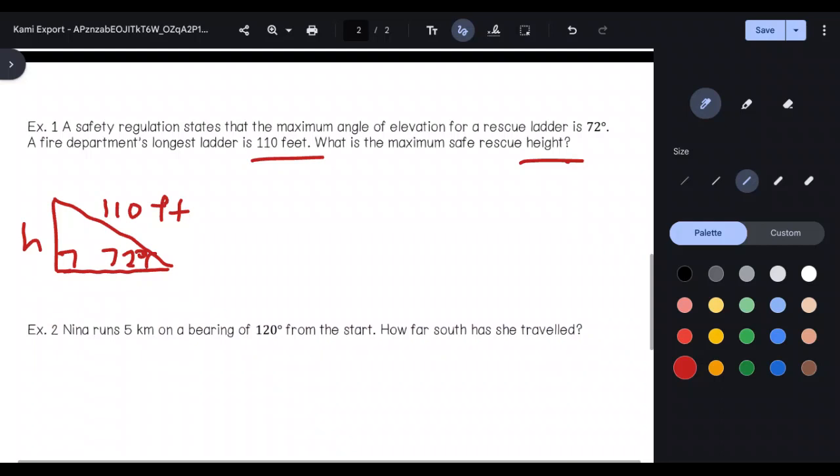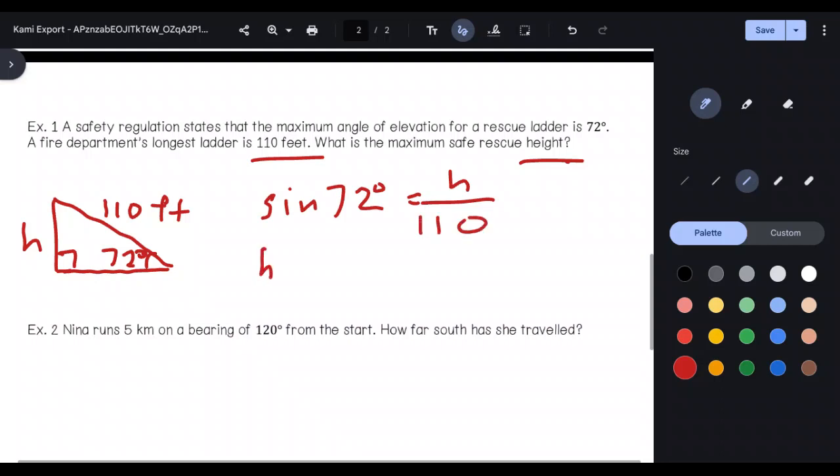Hopefully you think sine, and you would say sine of 72 degrees is equal to opposite over hypotenuse. So opposite would be the height over hypotenuse, which was 110 feet.